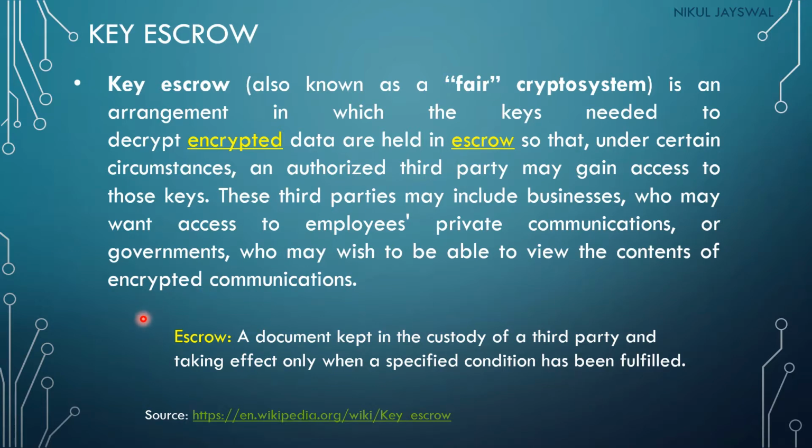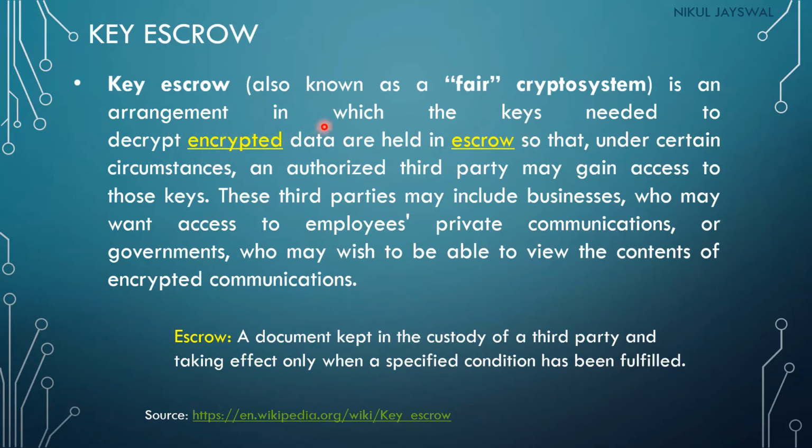So key escrow, also known as a fair crypto system, is an arrangement in which the keys needed to decrypt encrypted data are held in escrow. So we store the keys for the decryption. Clear. So we store the keys for the encryption and decryption in a particular document for later use.